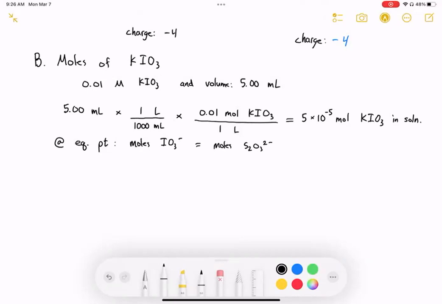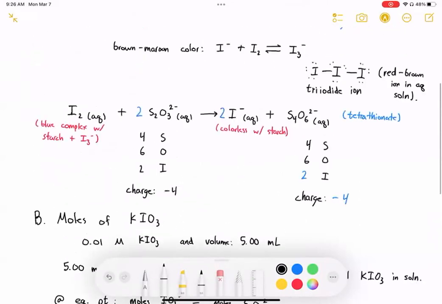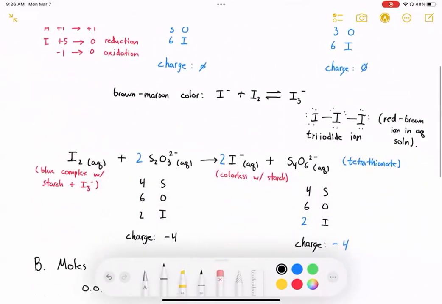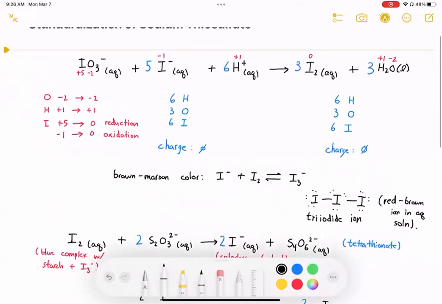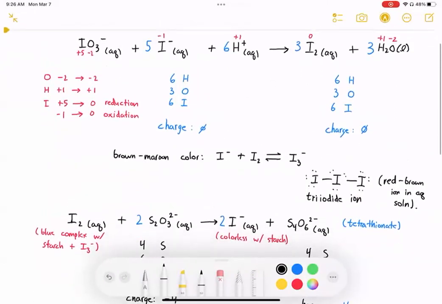So that's our little key here to solving this problem. So now we can take our moles of iodate and use our balanced chemical equation up here to figure out how much thiosulfate we have.